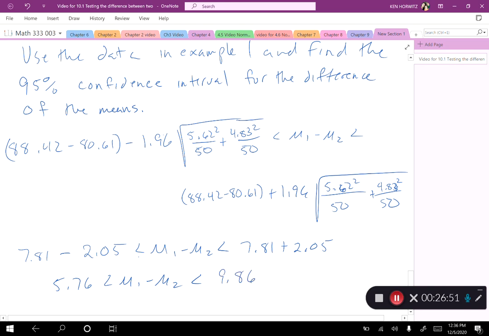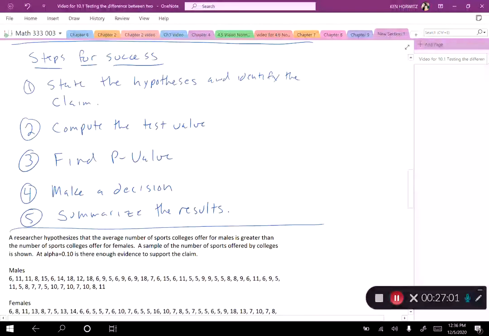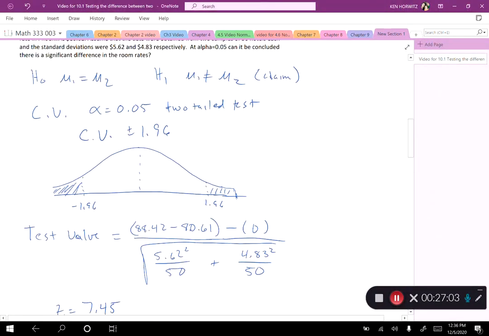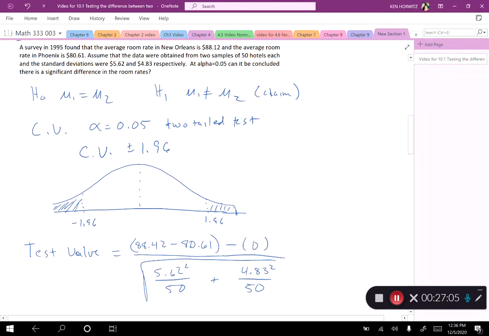All right. Now, how in the world can we make a decision on a hypothesis test from our confidence interval? Well, if we look back at the problem, I'm going to scroll up for just a second. If you remember, our null hypothesis was that the mu's were equal, right? And if I subtracted mu1 from mu2 and they were equal, I would get 0. Yes?